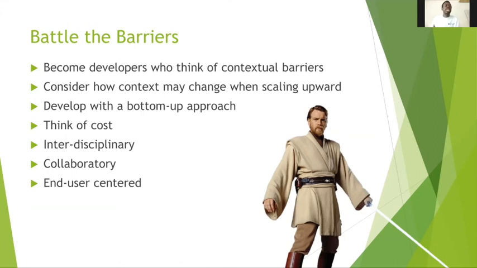It must be centered on the end user, the one who will use it. We know it's an AI system. The end user has no idea what AI is, and we may never be able to even explain what AI is to the end user, but we can explain what it should do and what it should change. So the end user should know what you're doing, and don't discredit their feedback.